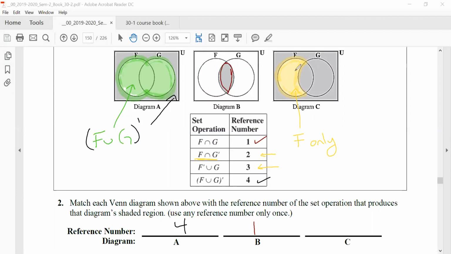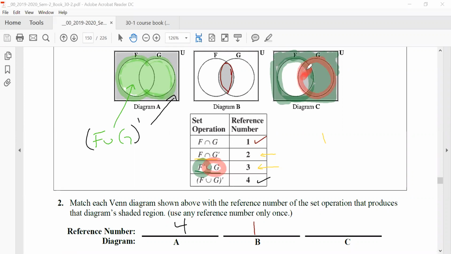Next one says not F union G. Okay, I'm going to go and try and draw that on my diagram. So I'm just going to erase my yellow here. So this one here says not F. So here's F. I want not F. That's what this one says right here, not F. So not F would be everything on the outside of F. But then it says union G. Well, union G means I'm going to add G back in.